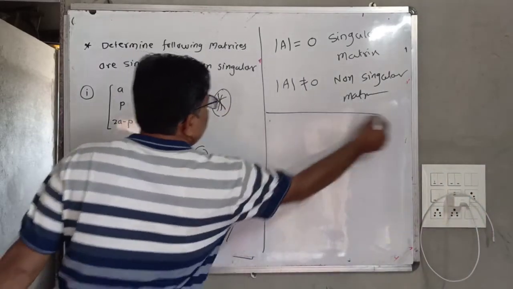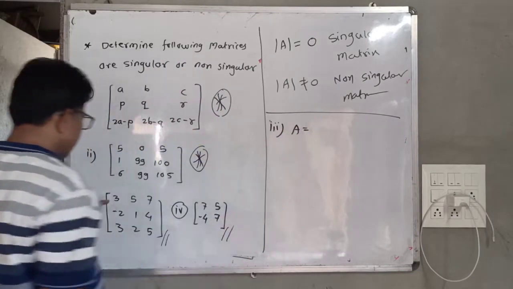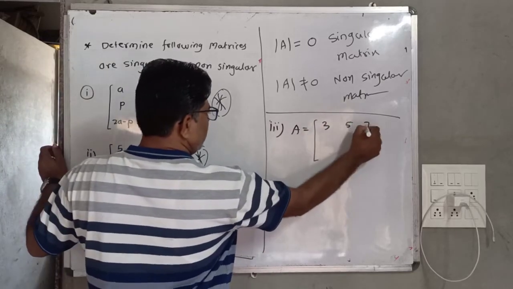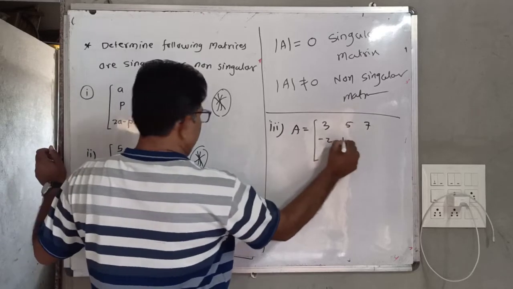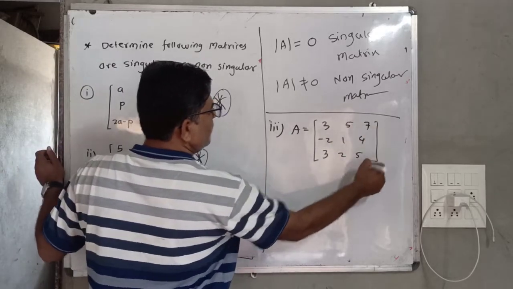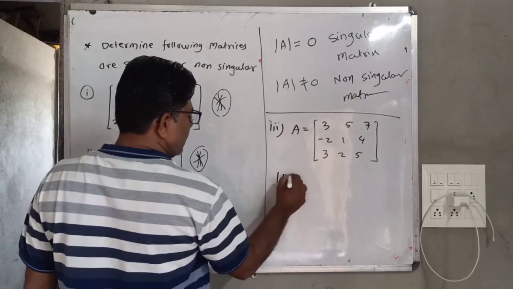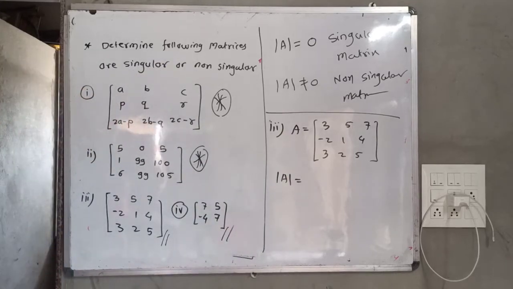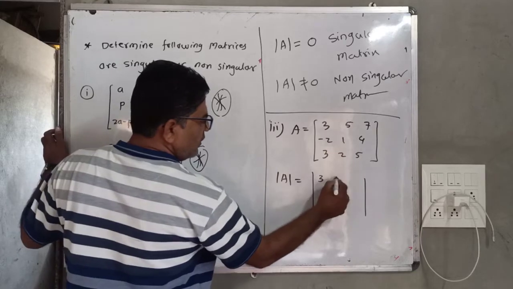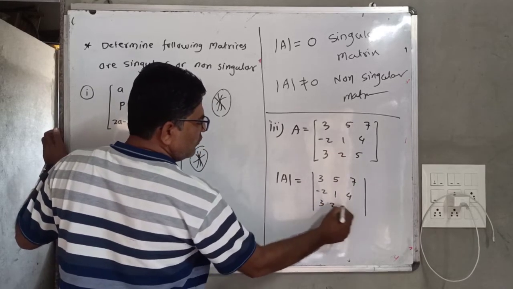For the third one, A equals the matrix 3, 5, 7; minus 2, 1, 4; 3, 2, 5. This is a 3 by 3 matrix. We are going to solve the determinant. The determinant of A is written like this: 3, 5, 7, minus 2, 1, 4, 3, 2, 5.